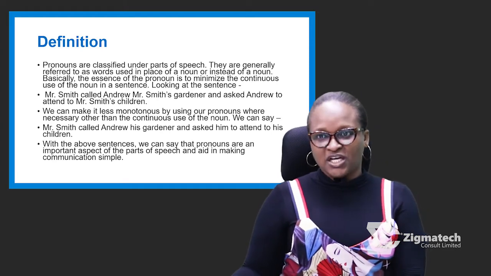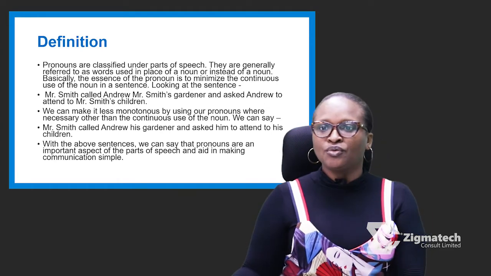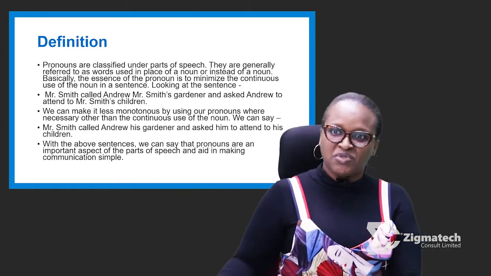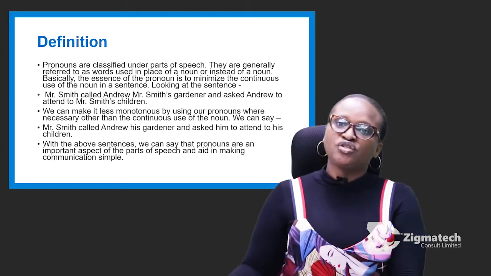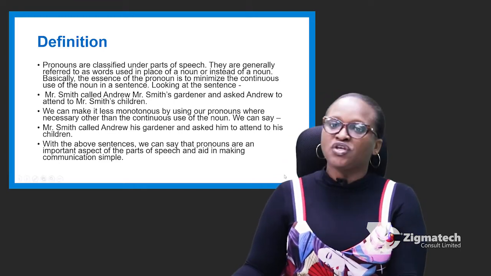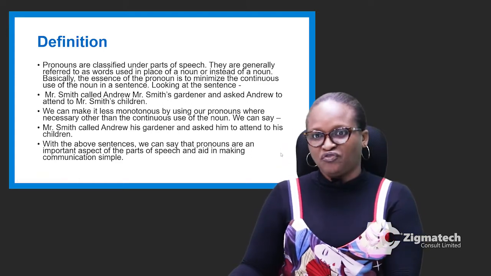Now, looking at the example we have here, we have Mr. Smith called Andrew Mr. Smith's gardener and asked Andrew to attend to Mr. Smith's children. Now, if we want to reduce the continuous use of the nouns in the sentence, we would basically have to make use of our pronouns, basically the personal pronouns and the possessive pronouns.